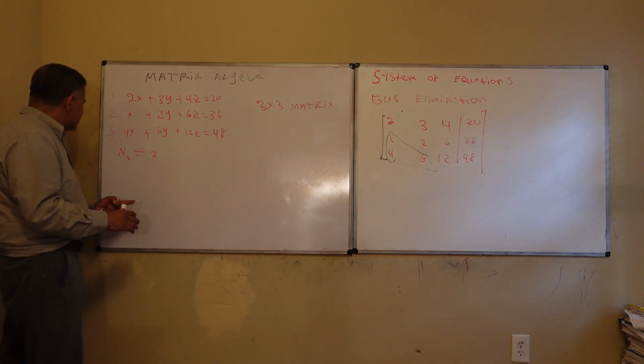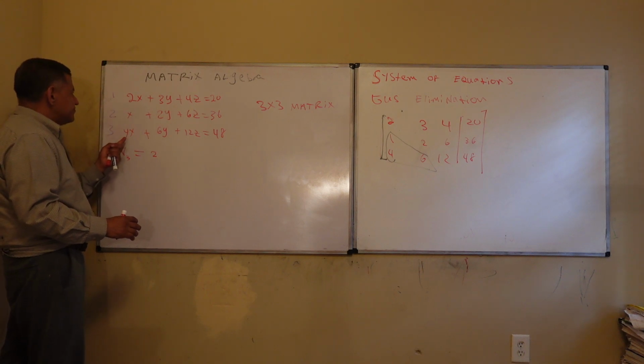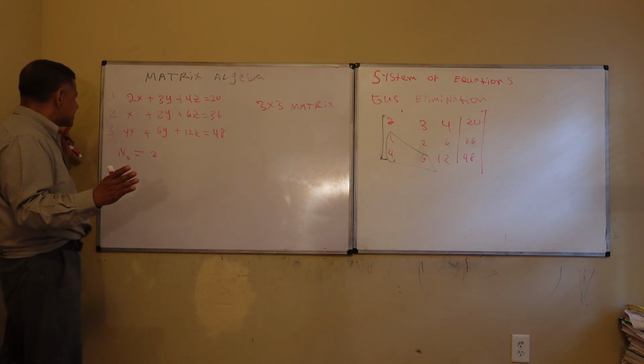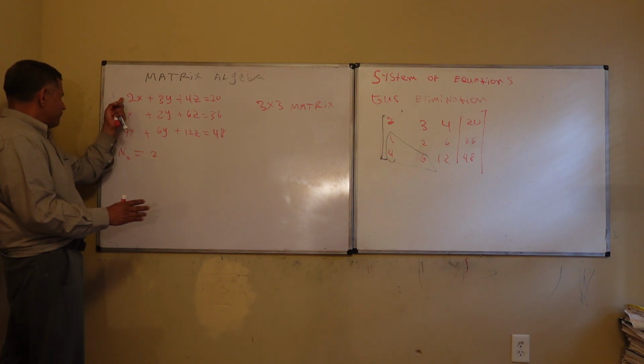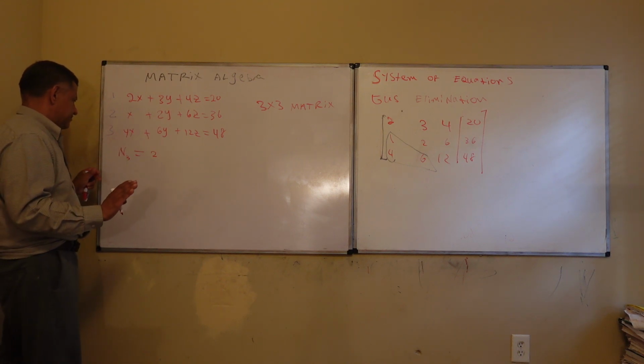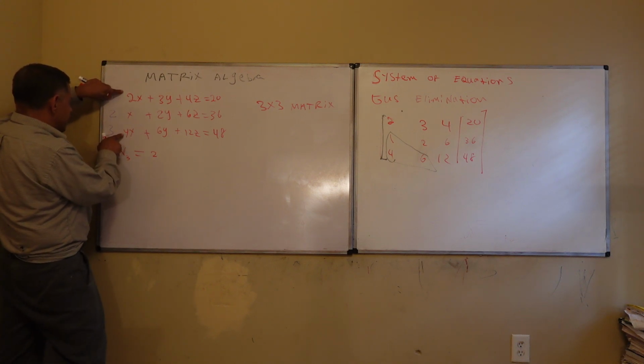The tricky part of this problem is that I don't have a negative. If I had a 4 right here, that would be a piece of cake. If I had a negative 4 right here, piece of cake, but I don't have it. So what I have to do is this.